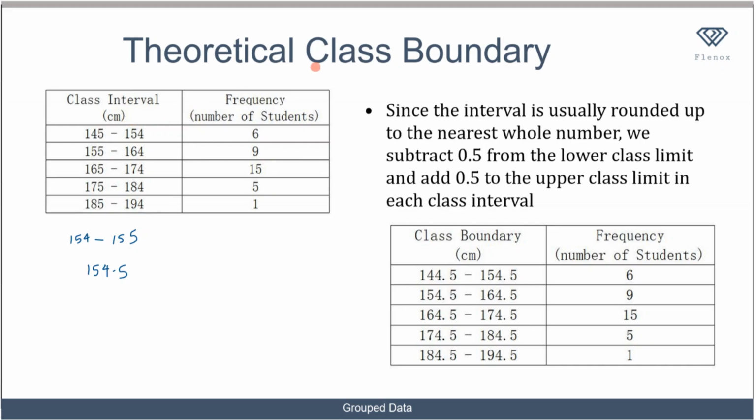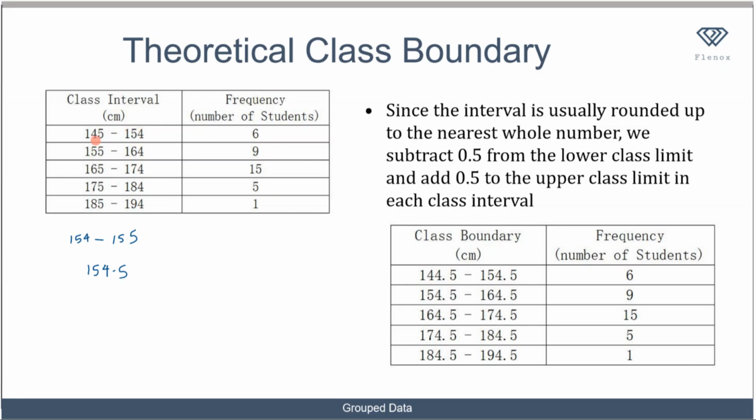To get the theoretical class boundary, what we do is we subtract 0.5 from the lower class interval. What these values at the left represent is the lower class interval, while the one at the right represents the upper class interval. So we subtract 0.5 from the lower class interval and we add 0.5 to the upper class interval.